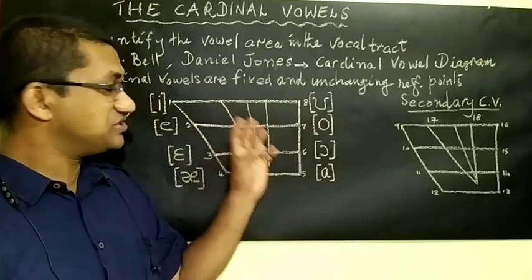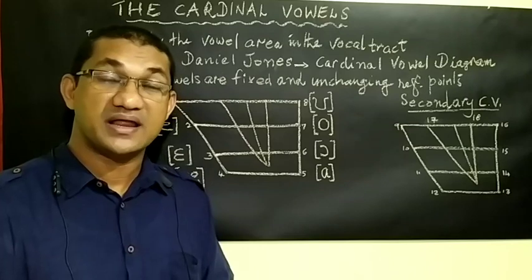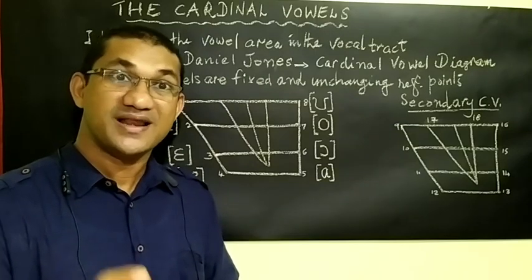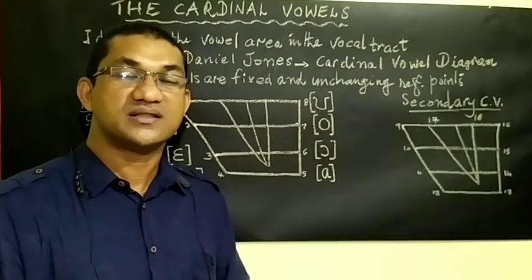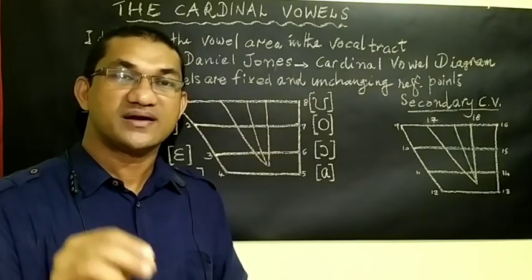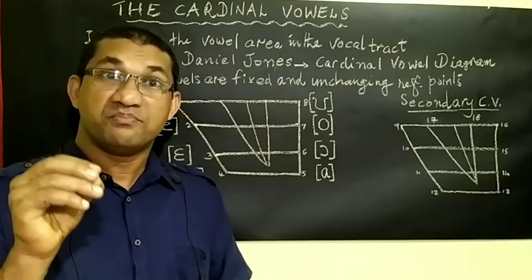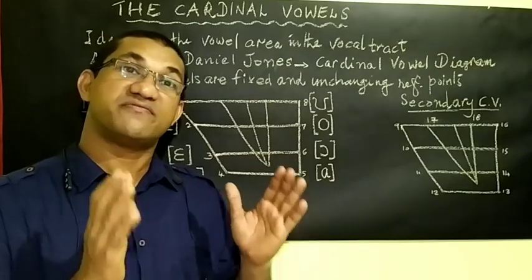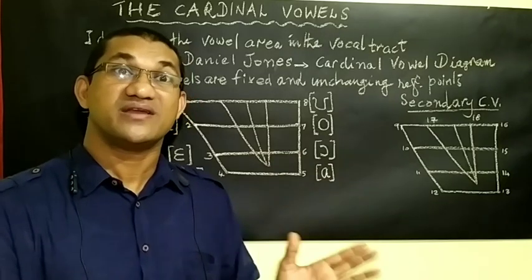And this particular cardinal vowel chart helps us to understand the most important factors that help us to describe a vowel sound. The first factor is of course the part of the tongue that is used to articulate a sound, whether it is the front of the tongue, the back of the tongue, or the center of the tongue.